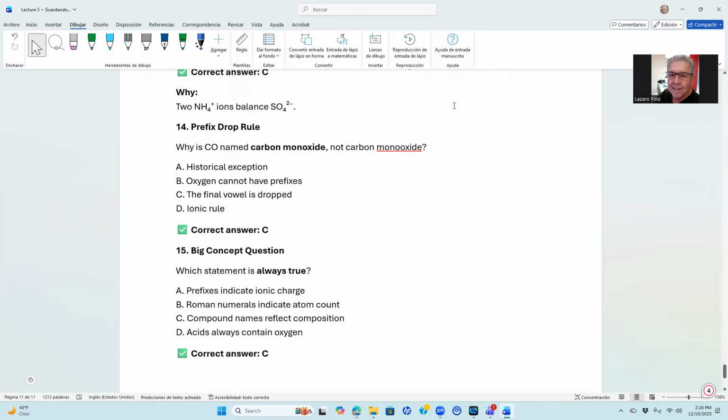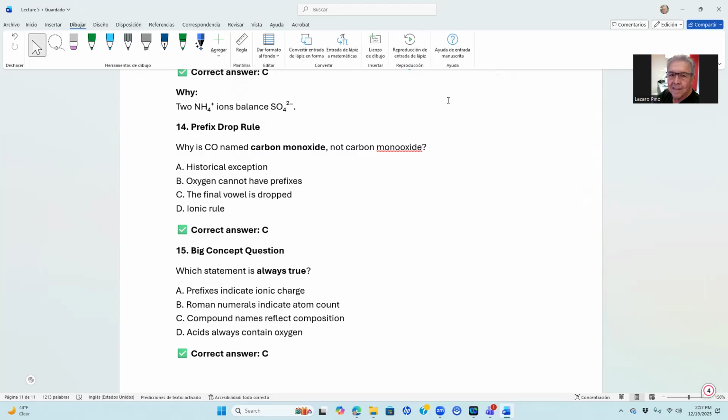Well, I hope that you understand naming compounds or writing the name from the formula. Remember that it depends on one thing. If you have a metal with a non-metal, it is an ionic compound and can be type 1 or type 2.